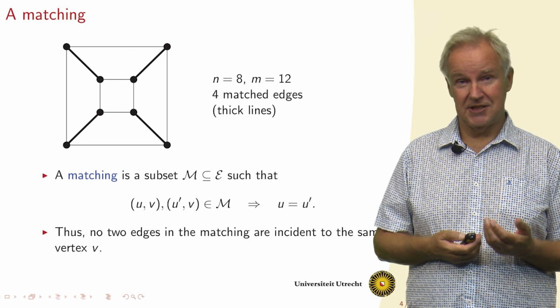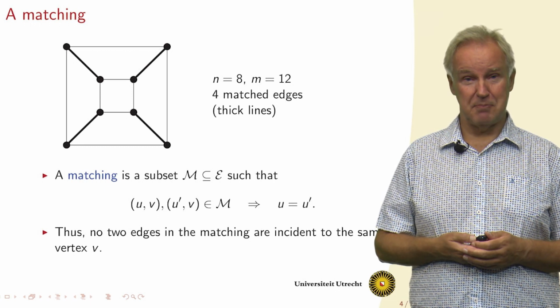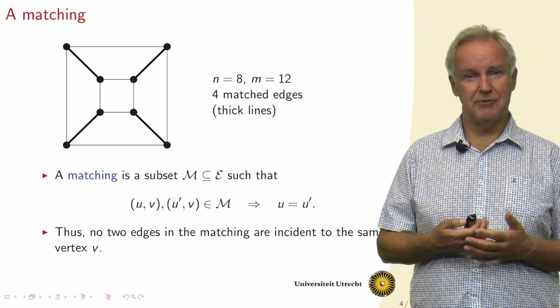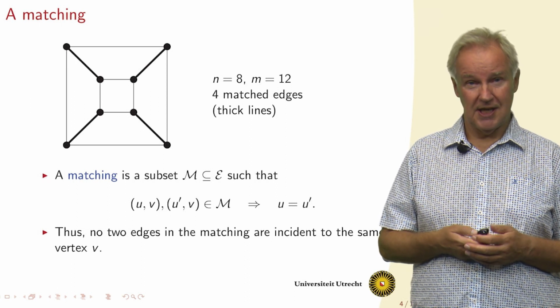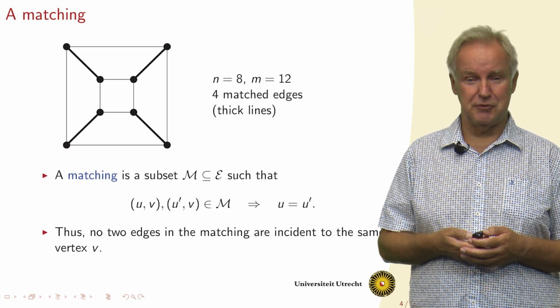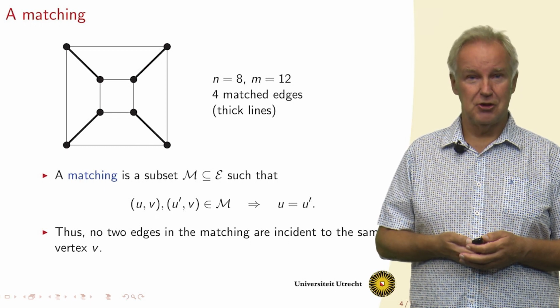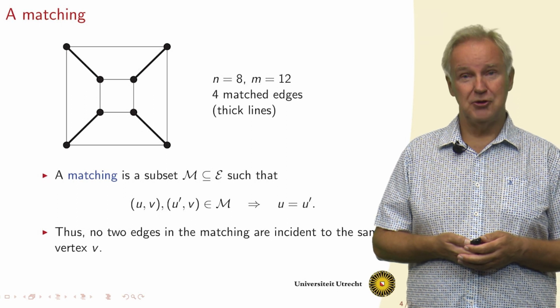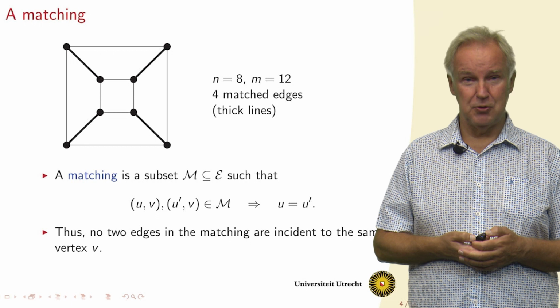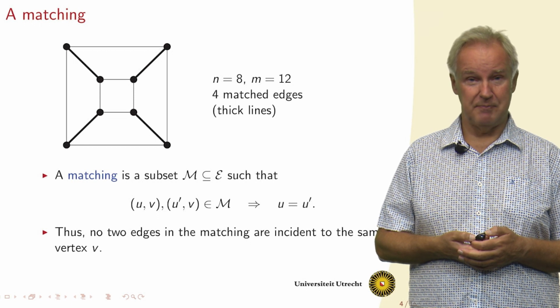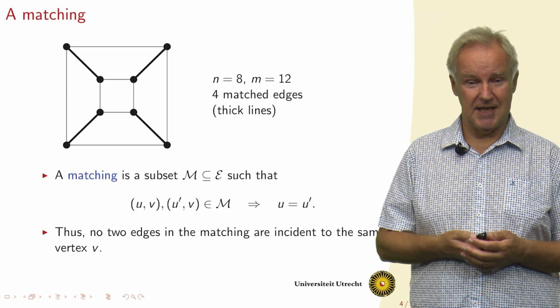So the thick edges are the subset M. And for a matching, you cannot have two edges incident on the same vertex v, that share a vertex. So if uv and u'v are both in M, it must be that u and u' are the same, so that there is only a single edge.